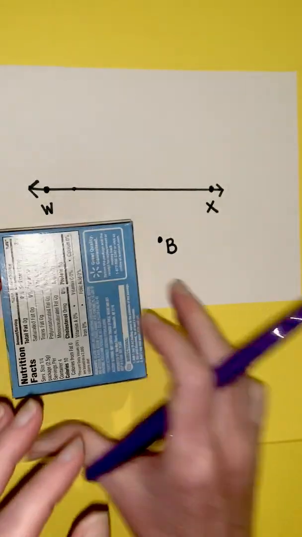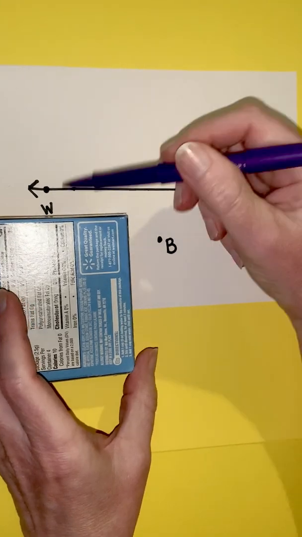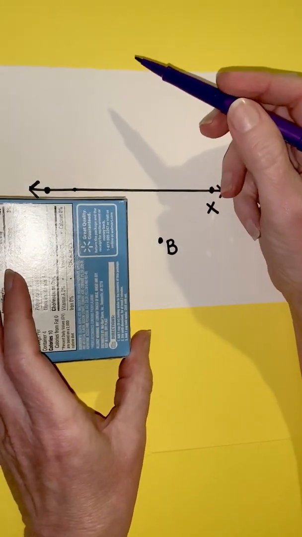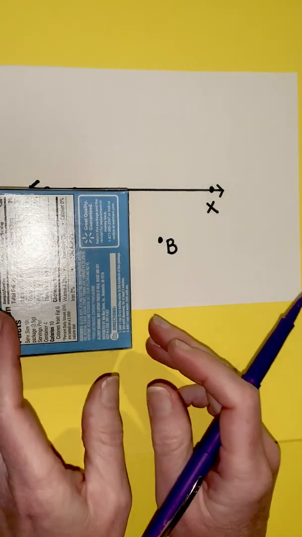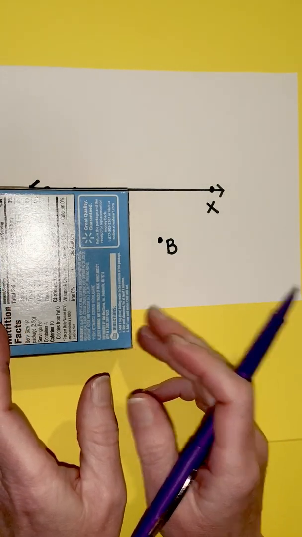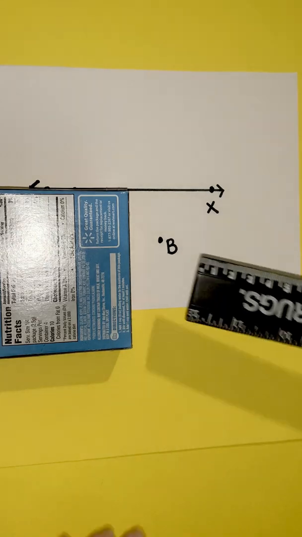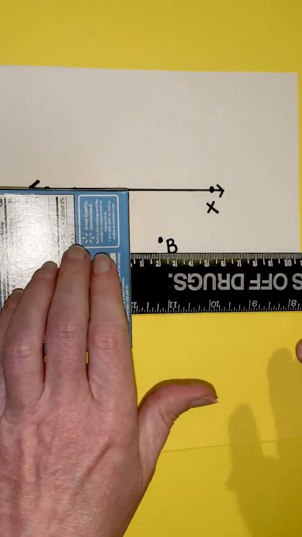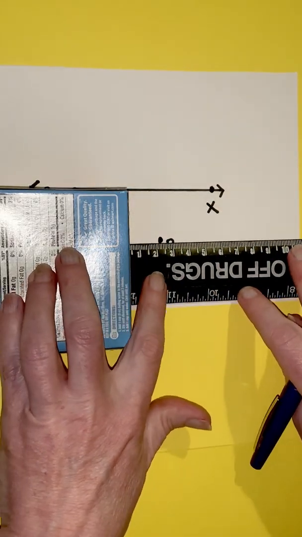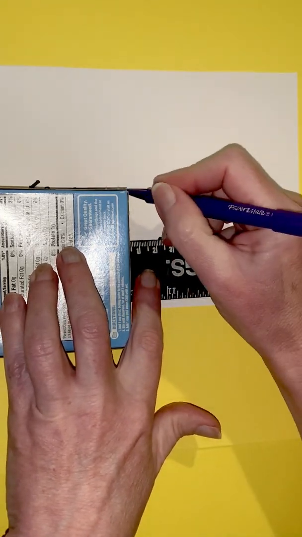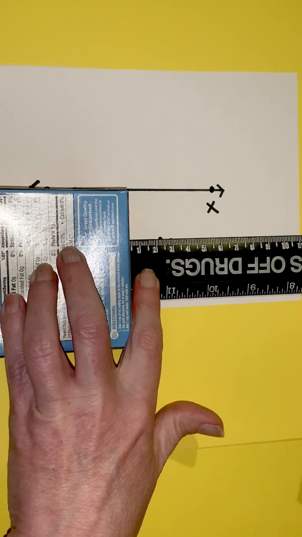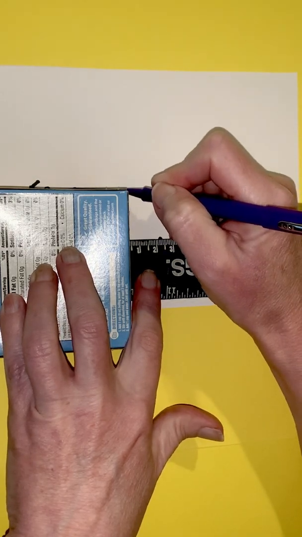So what I'm going to do is line up one edge with my line so that it is perfectly lined up. And then I'm going to take my other straight edge. Because this is lined up perfectly, and this is a straight edge with 90 degrees, that means I've got 90 degrees from the line.